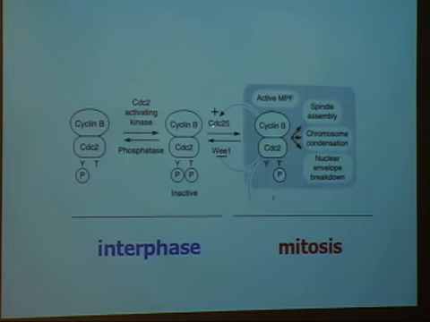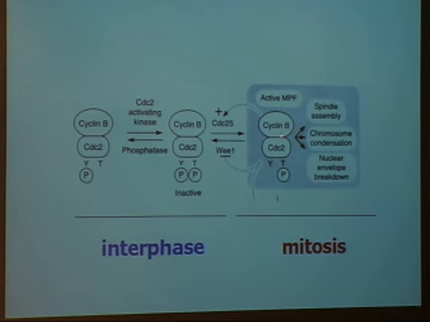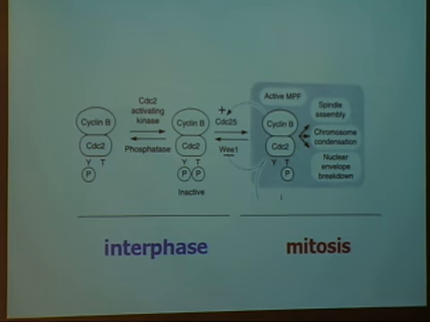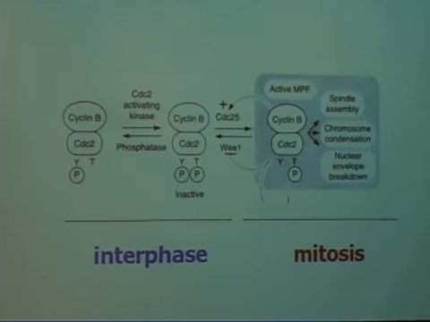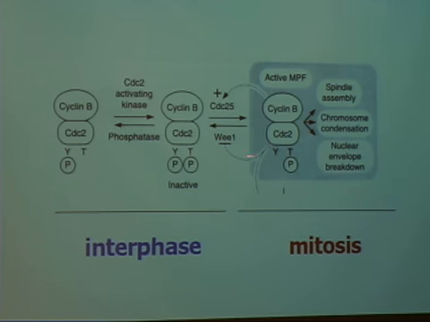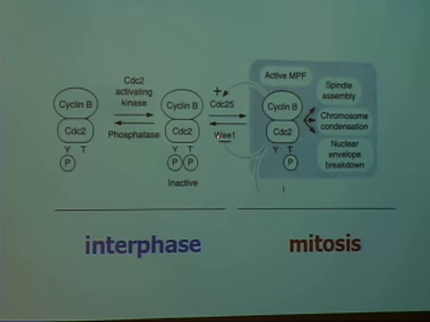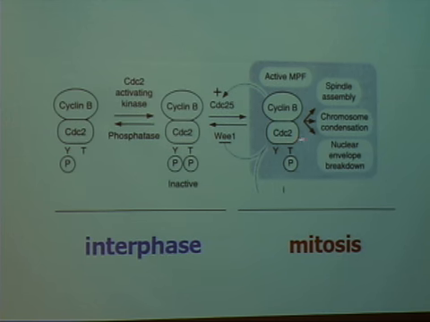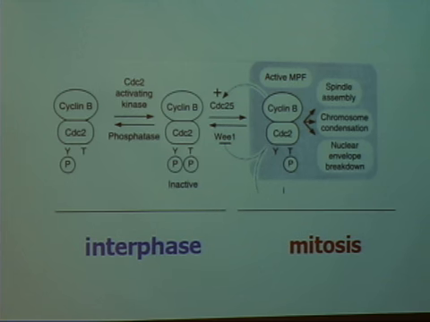And so when that phosphorylation is removed, CDC2 is activated, and then the cell is committed to mitosis. So the battle to enter mitosis can be summarized as a tug-of-war, essentially, between Wee1 that wants to keep CDC2 inactive and CDC25, which wants to dephosphorylate CDC2, activate it, and promote entrance into mitosis.